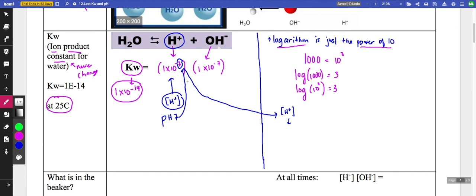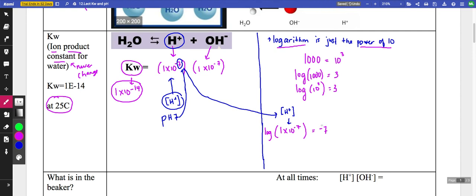So if we take the logarithm of 1 times 10 to the negative 7, so the H plus concentration is 1 times 10 to the negative 7, right? If we take the logarithm of that, you guessed it, the answer is going to be negative 7.